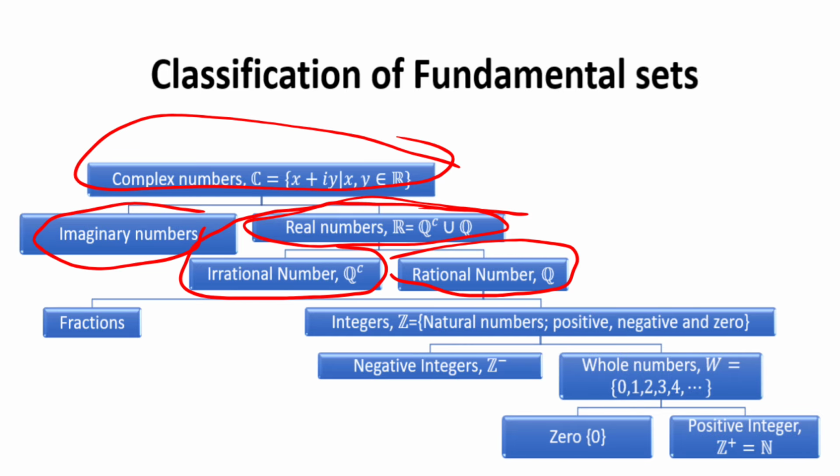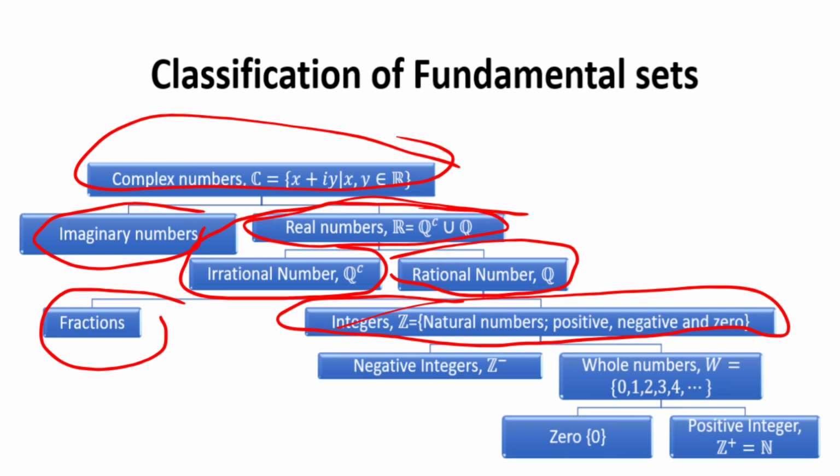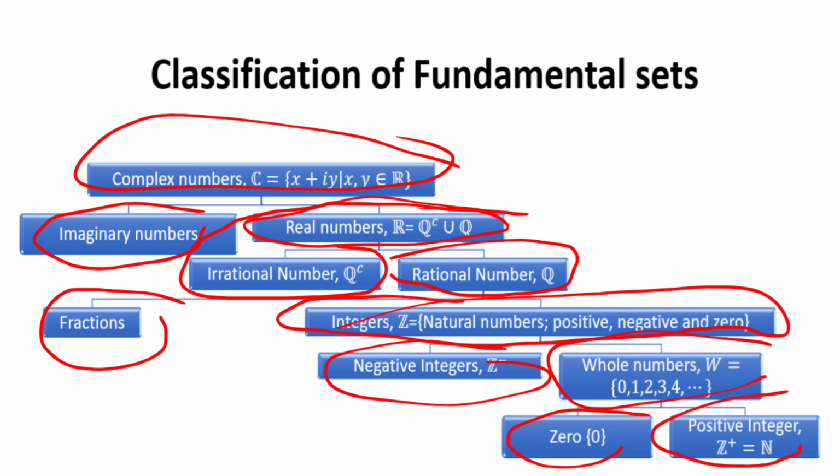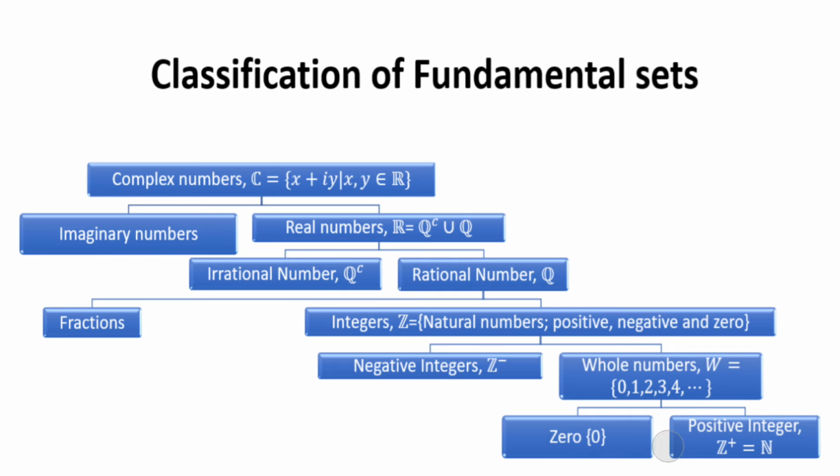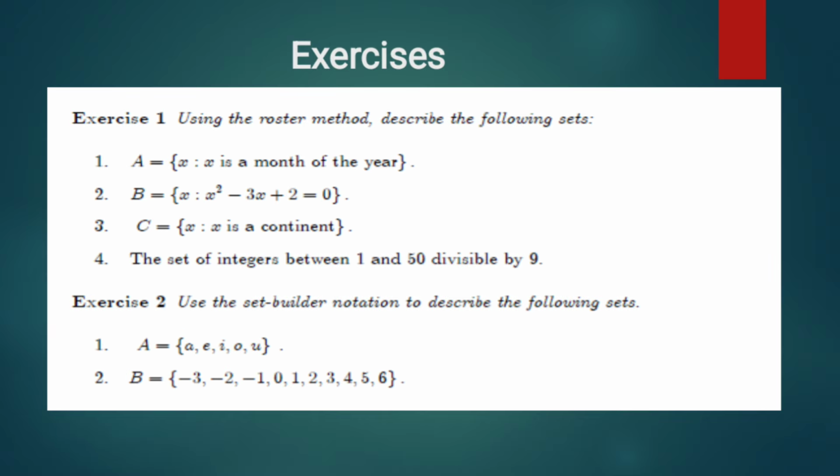Under the rational, we have the fractions and integers, the negative integers and whole numbers. Under whole numbers, we have zero and the positive integers, or the natural numbers. You need to know this, and if you're asked to draw these numbers or list elements in them, you should be able to, like knowing the form complex numbers take. Let's move forward.